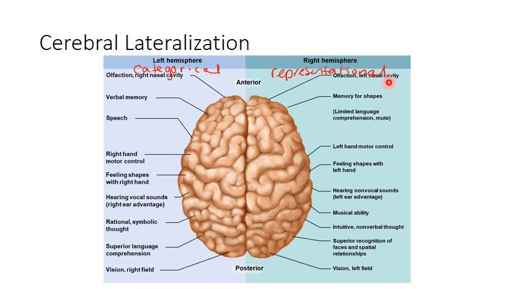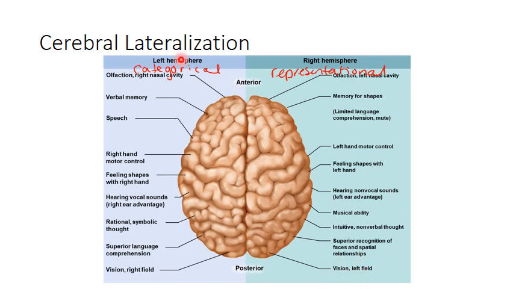So olfaction for the left side, memory for shape, left hand motor control, feeling of shapes with the left hand. You'll see that these just mimic, these are just different sides of the body, right? Hearing non-vocal sounds. So the right ear has an advantage for hearing vocal sounds. The left ear has an advantage for hearing non-vocal sounds. Musical ability, intuitive or nonverbal thought, recognition of faces and spatial relationships, and then vision from the left side of the body.